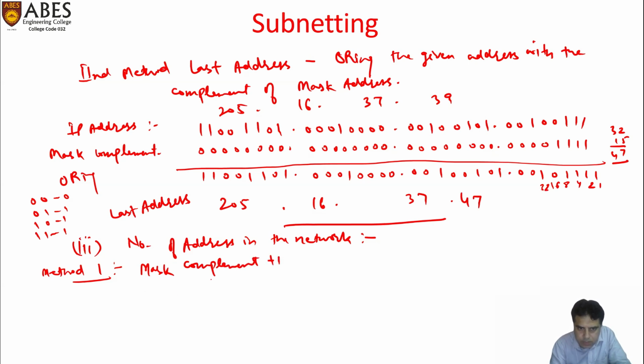When we convert the mask complement into a decimal number, it is 15, plus 1. The total number of addresses is 16.